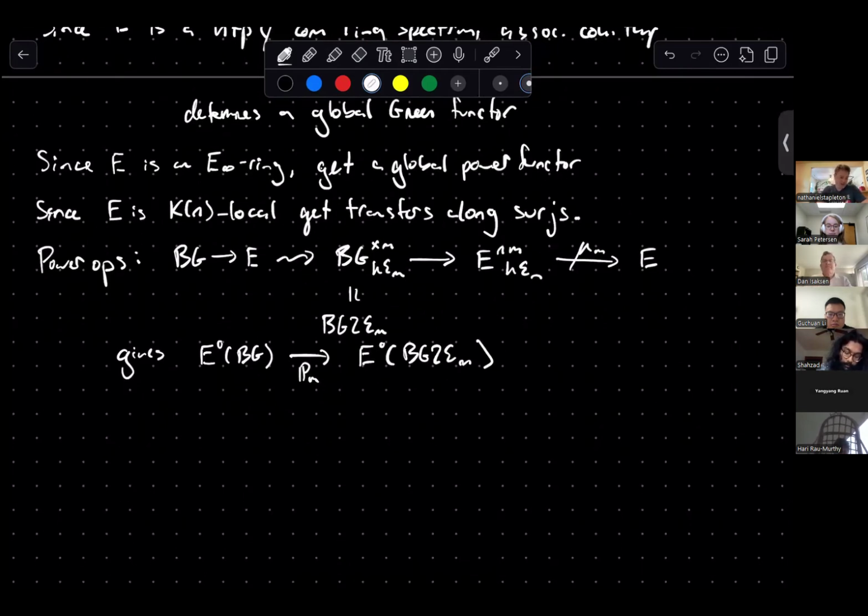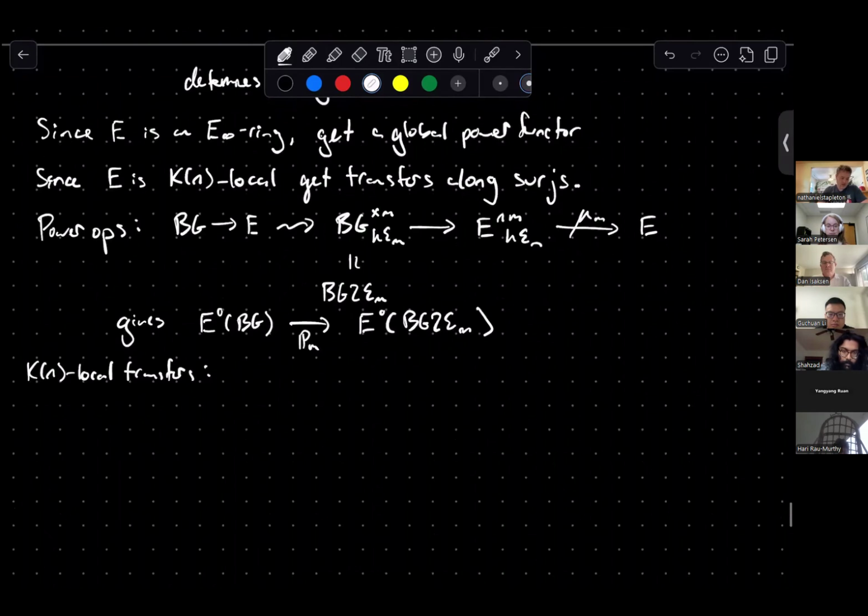And then what about the transfers along surjections? So I'll call this K(n)-local transfers. For this, I need to introduce completed E homology.